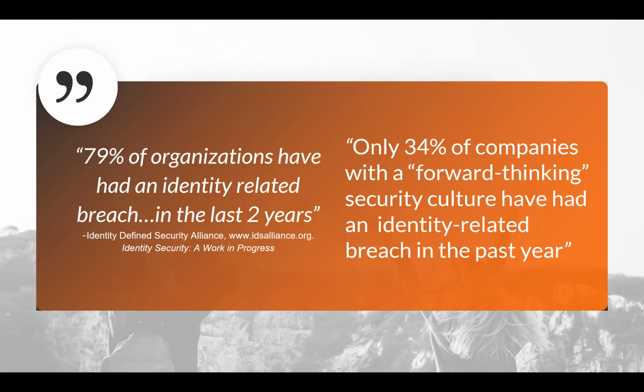They just log in. But organizations with forward-thinking security cultures only have 34% of identity-related breaches. I think we could all go to our senior management and say, if we invest in identity and access management, it will cut our risk of identity-related breaches, which are over 90% of the breaches that are happening today, in half. It'd be a pretty easy story.